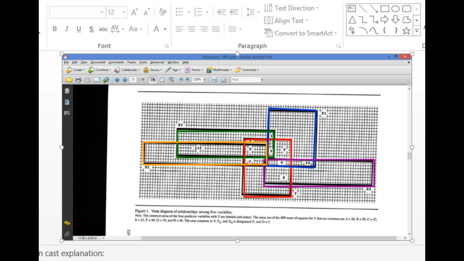Predictor 2's shared variance with the DV is 0.2. Predictor 3's shared variance with the DV is 0.2275. So that's 22.75% of the variance. And then predictor 4 is 24.75% of the variance.